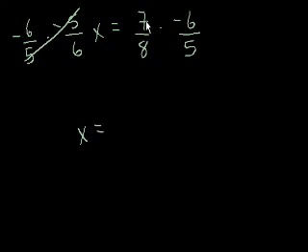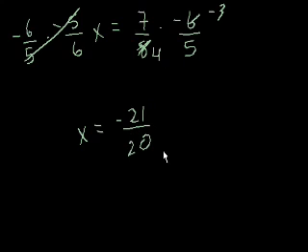On the right-hand side, we could divide both the 6 and the 8 by 2. So this becomes negative 3, this becomes 4. 7 times negative 3 is minus 21 over 20. And assuming I haven't made any careless mistakes, that should be right. Actually, let's just check that real fast.